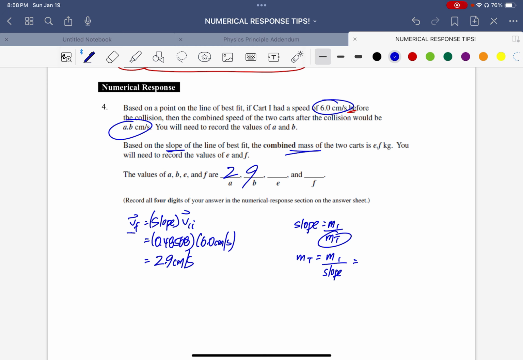That's going to be 1.54 kilograms divided by the slope here, 0.48568, gives us a mass of 3.2 kilograms. So EF, the value of the combined mass here in kilograms, would be 3.2 kilograms. 2932, bubble it in as 2932.